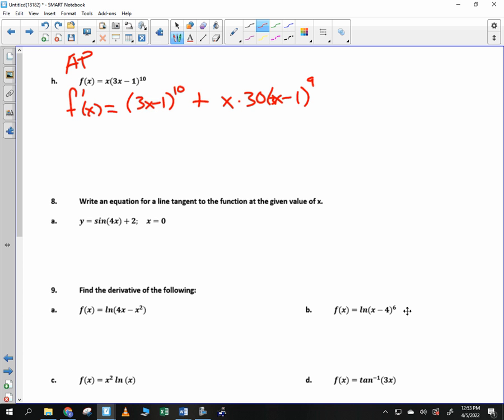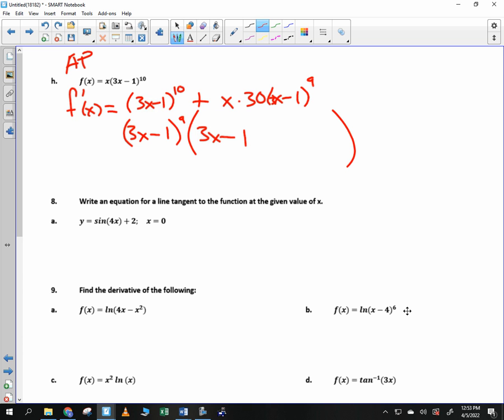They will not write the answer like that. What will they do? Take out the 3x minus 1 to the 9th. When you take out the 3x minus 1 to the 9th, what's left here? 3x minus 1. What's left here?